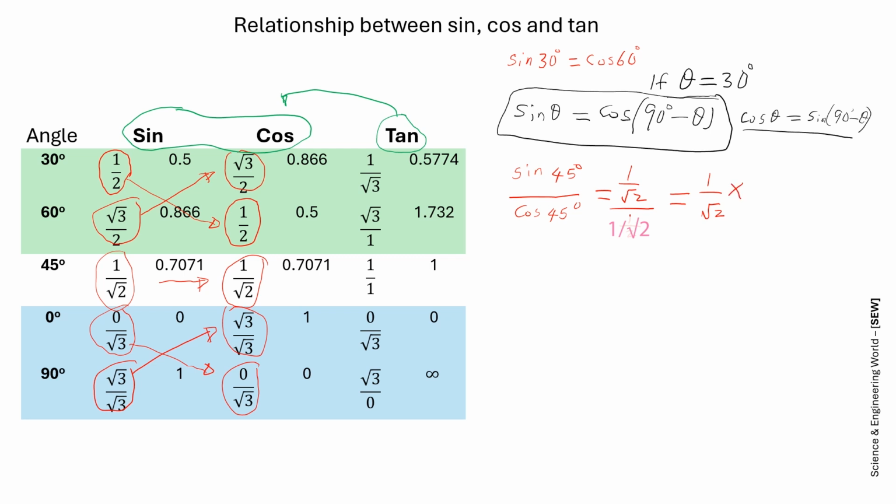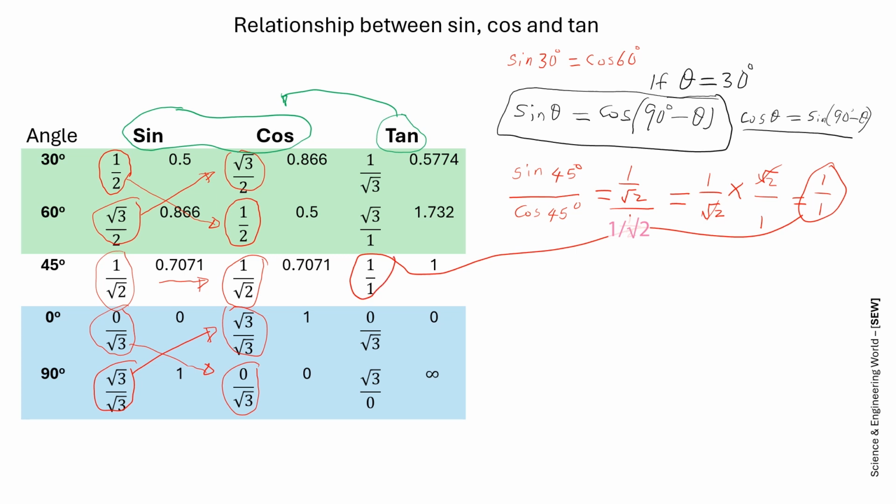So we're going to have root 2 over 1. That is, root 2 will take root 2, so we have 1 over 1. And that is the same thing as tan 45.